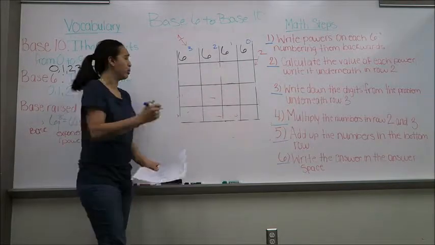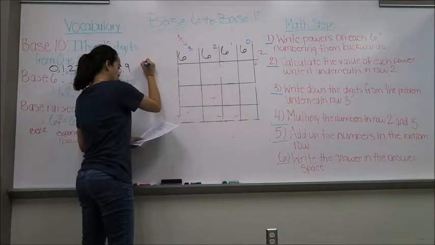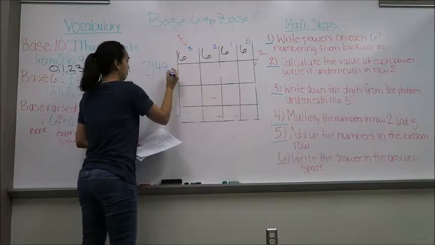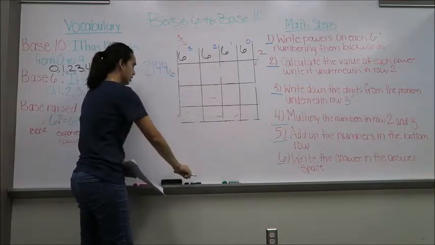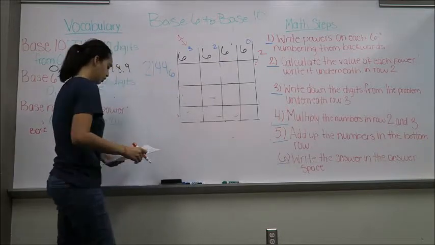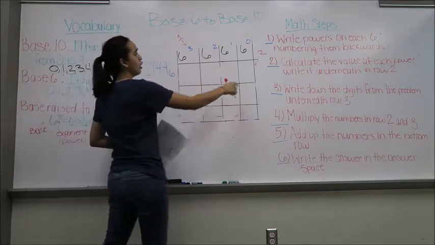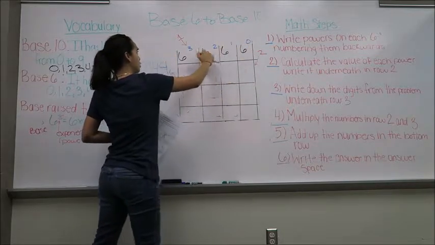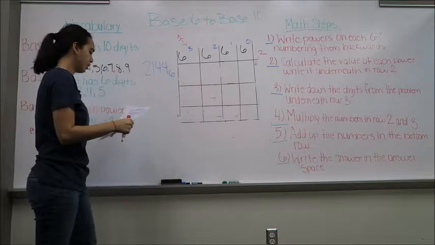We're going to do 2,144 base 6. So remember, step 1, write down the powers from 0 to 3. 0, 1, 2, 3.